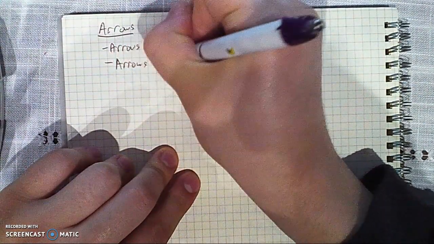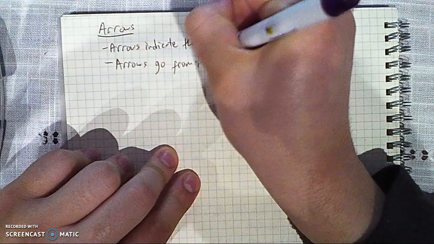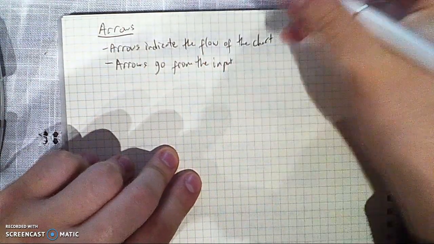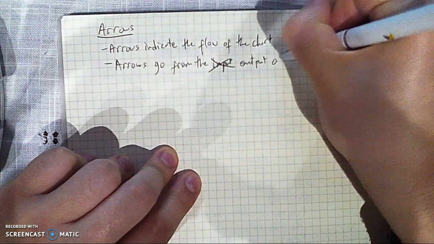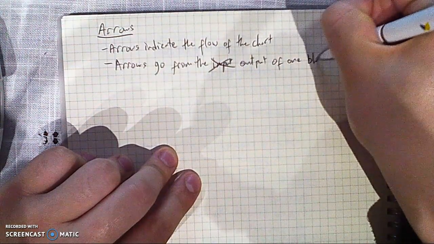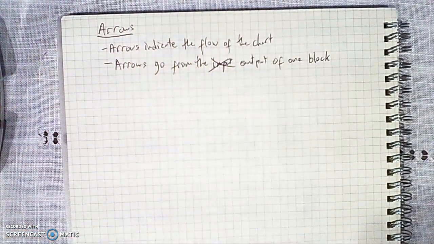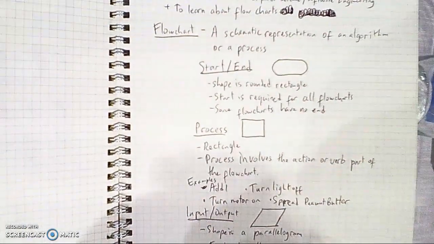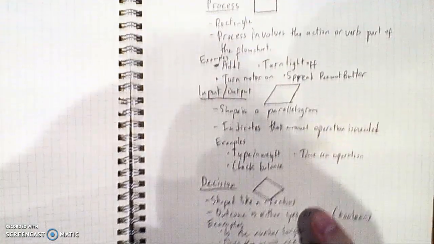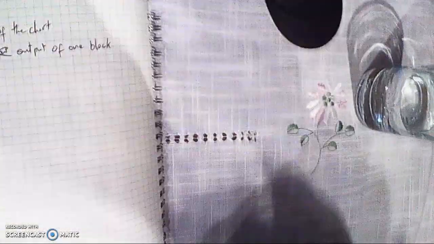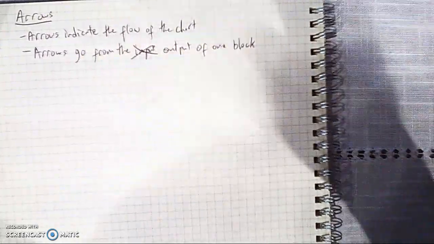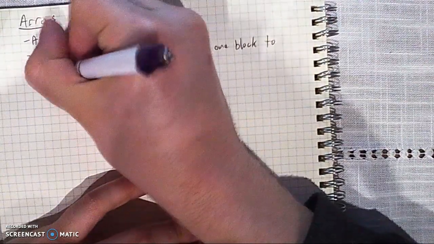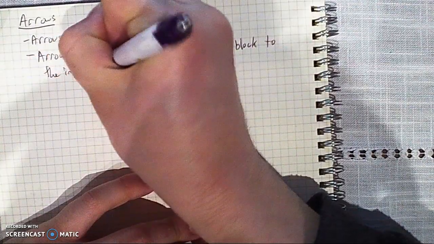Arrows go from the output of one block, so one of the blocks we've mentioned before, the start end, the process, the input output, the decision. Arrows go from the output of one block to the input of another.